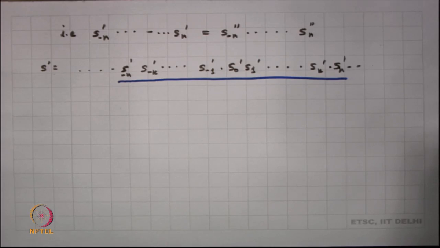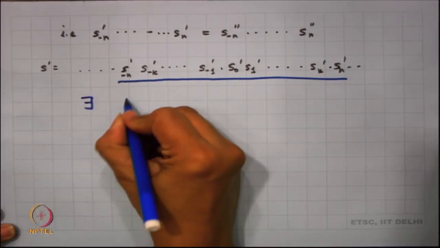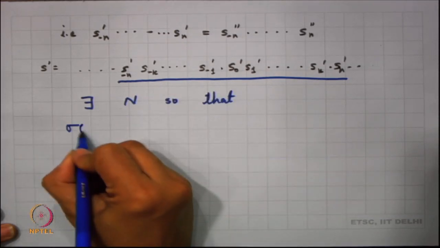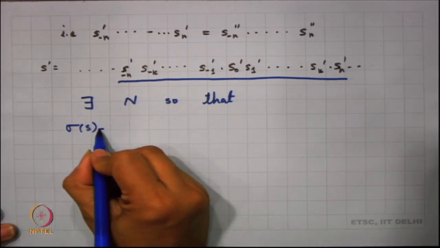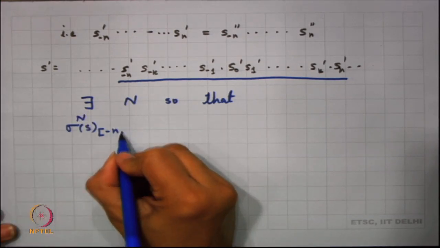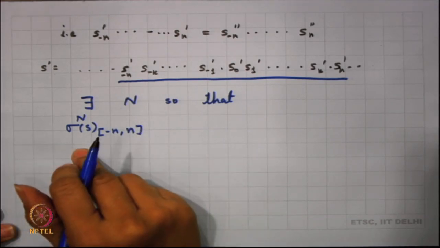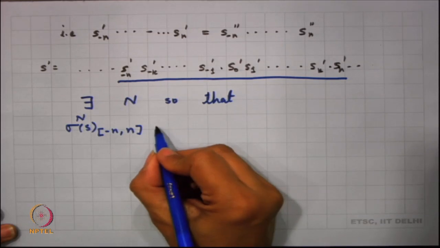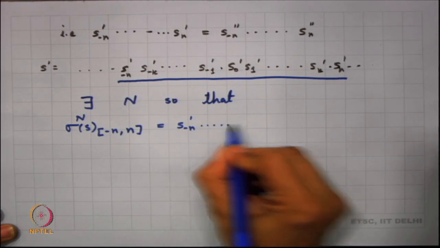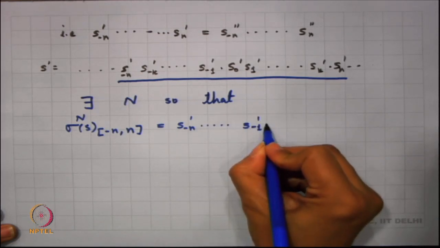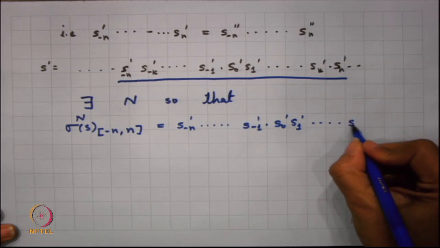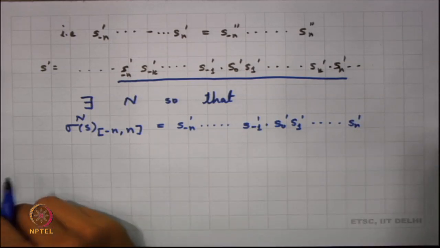So, there exists an n so that if I take sigma n of S and look into the block from minus n to n, this block will turn out to be nothing but S minus n prime to S n prime.